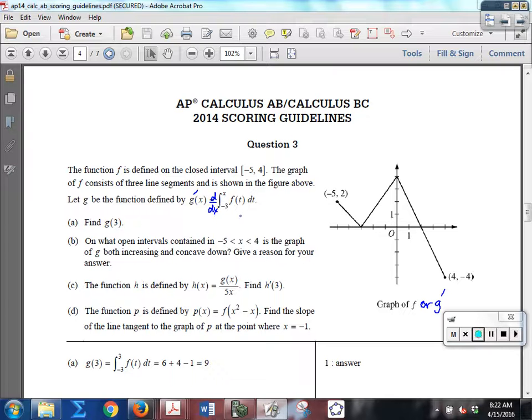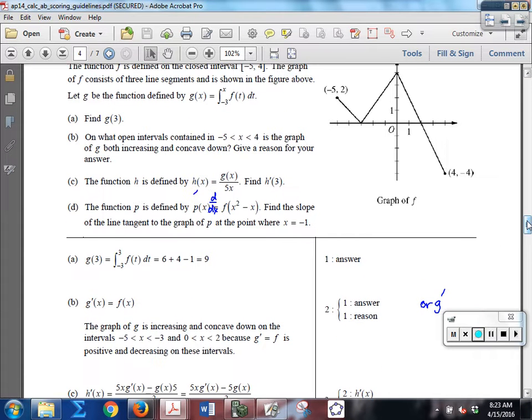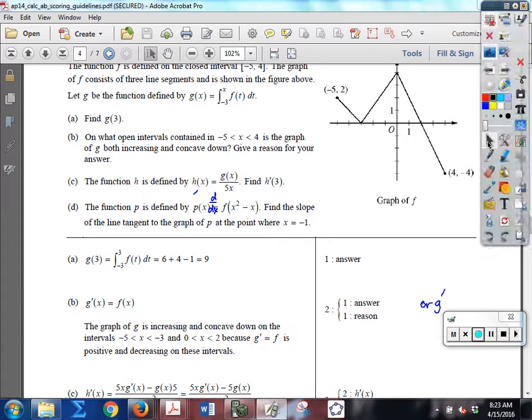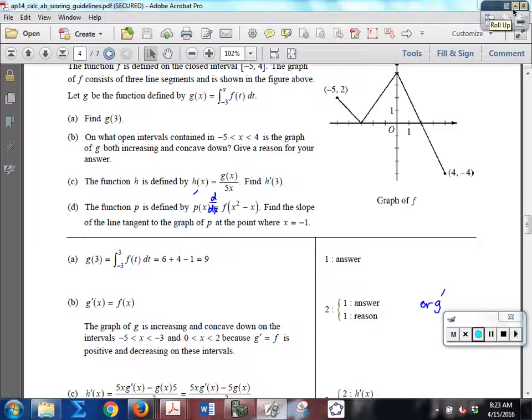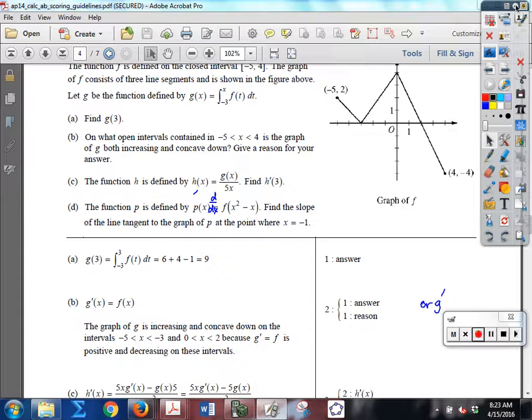So that actually, I think, might have been some of the points too. They just wrote what it was, g prime equals f of x, and I would label my graph just so I know, because then everything that's going on right here, I'm thinking the right things in my head. So when a graph is increasing and concave down, so this has to be increasing, what does that mean? The derivative's doing what?